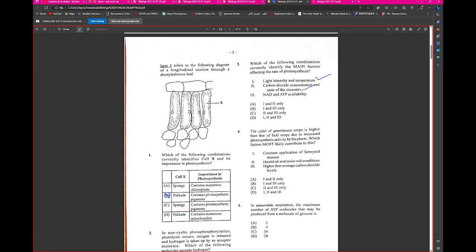Alright. Why are you not putting 3? Sir, because I think it would have to be the availability of ADP so it can photophosphorylate, and then afterwards it would have to be NADP so the hydrogen would bond to it. Wait, hold on.